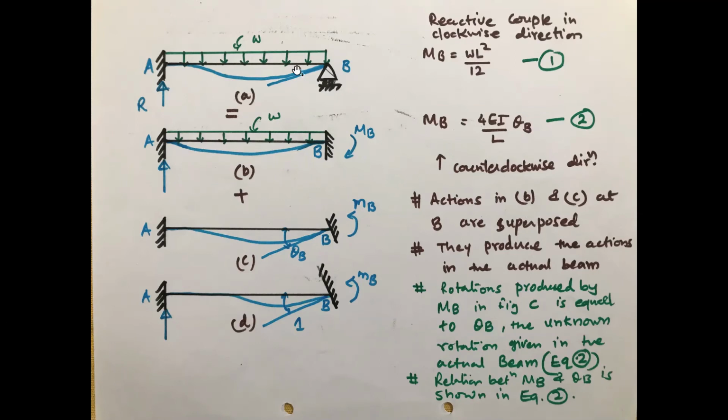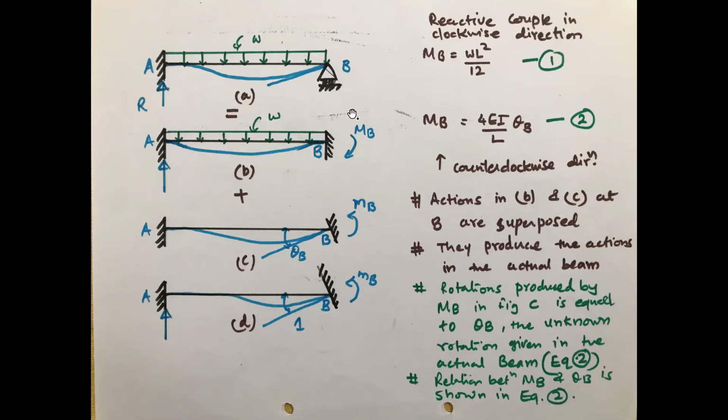Now all of you know that in the original beam there is no reactive moment. So we have to apply one moment in equal and opposite direction to this MB. That is how I can define my criteria for the original beam, where there is actually a rotation happening.